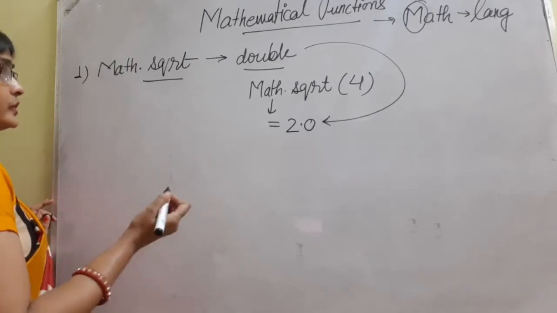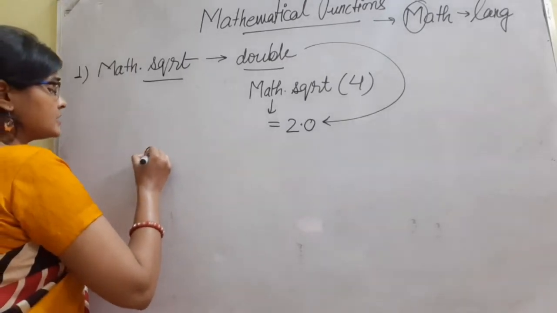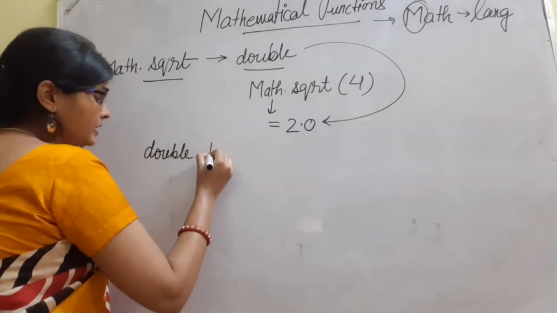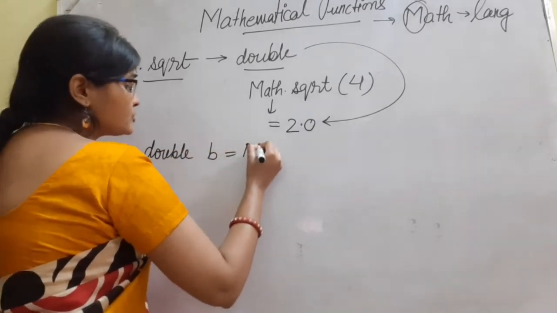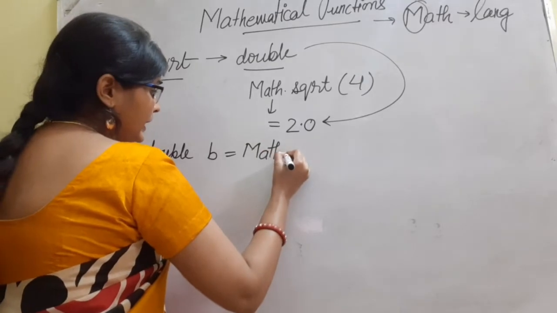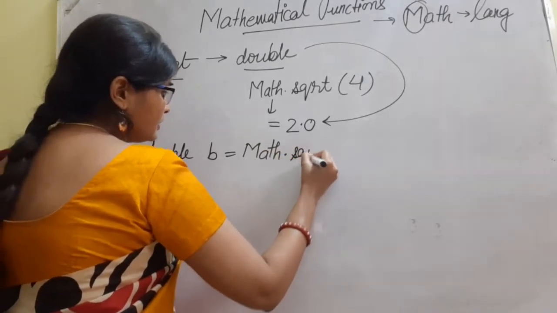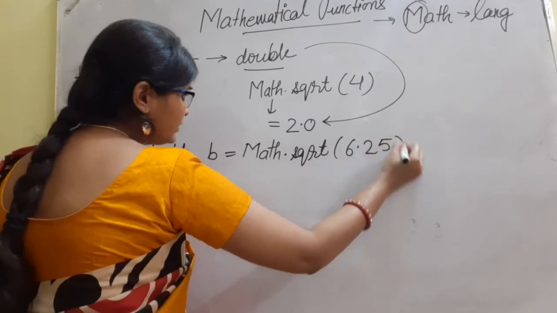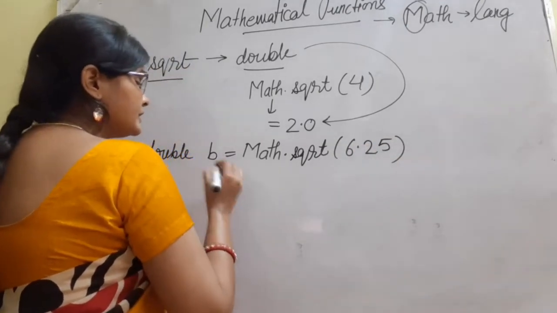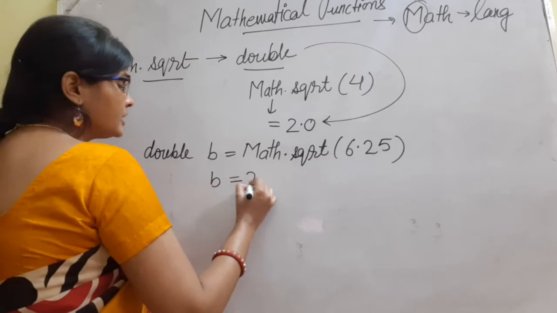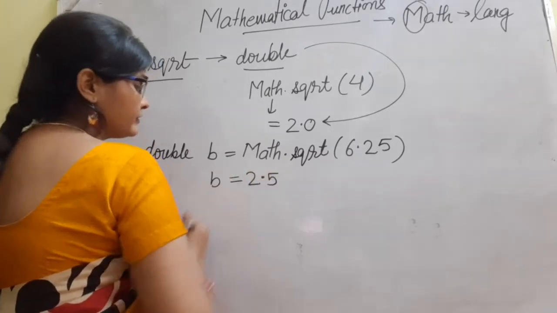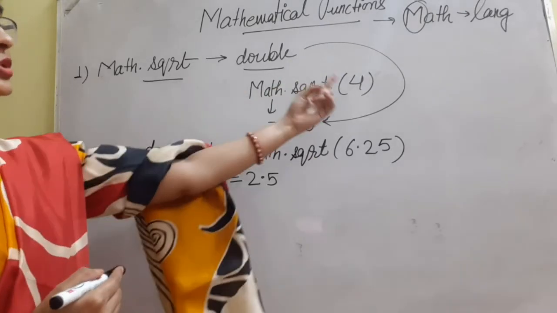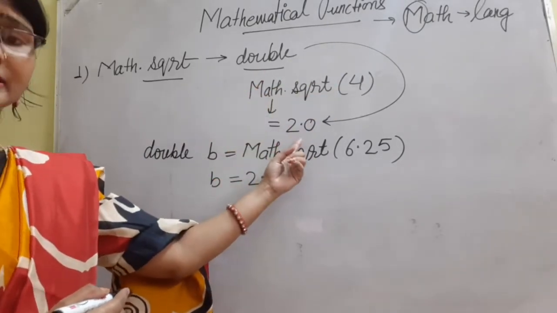So we can write here double b = Math.sqrt(6.25), and it will give the value of b as 2.5. Okay, always in point. If the decimal is not there, we have to write 0.0.